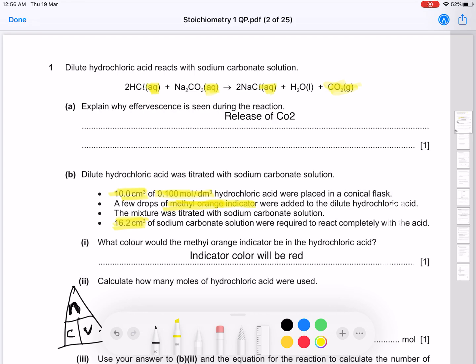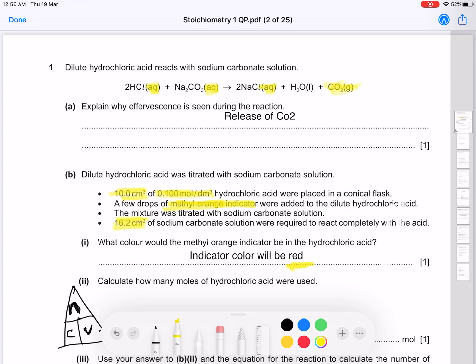The first question, they want you to indicate the color of the methyl orange that will be placed in the acid, the hydrochloric acid. Basically, methyl orange is red in acidic medium and it's orange yellow in basic medium. So the answer here would be red.